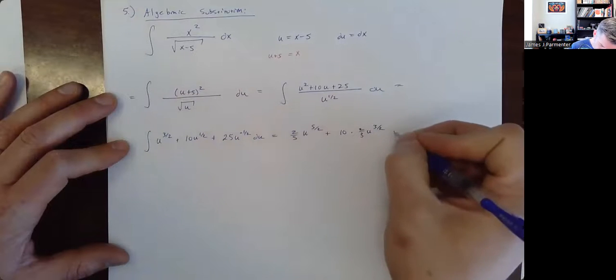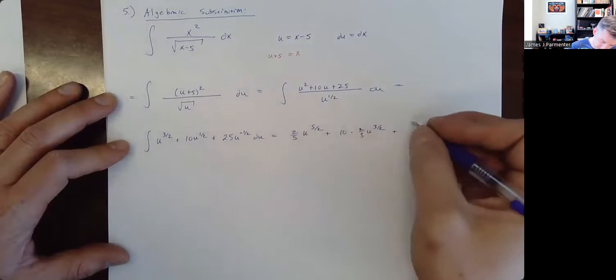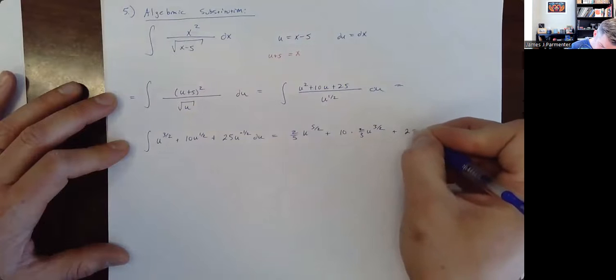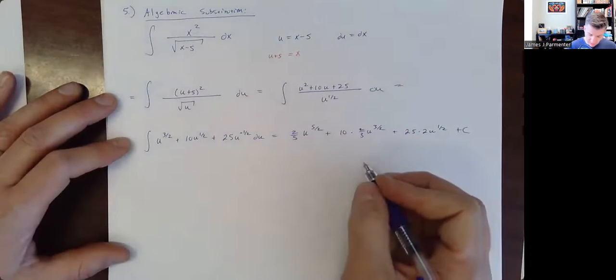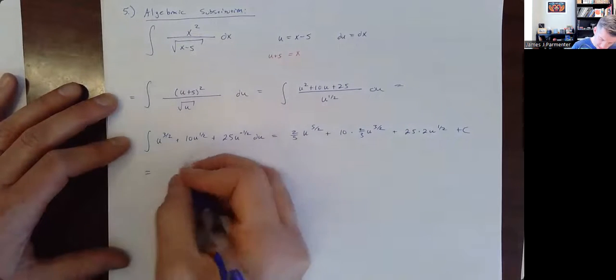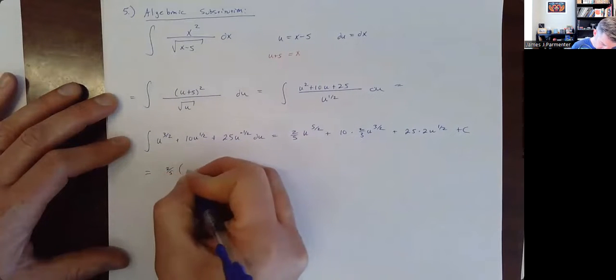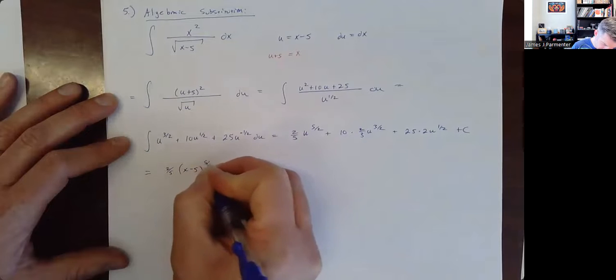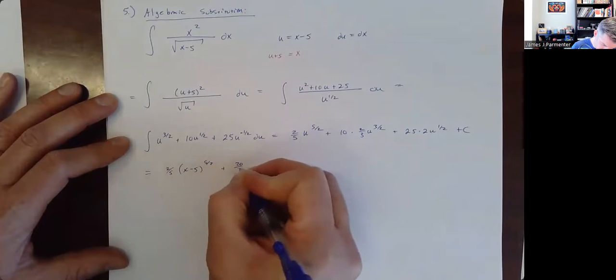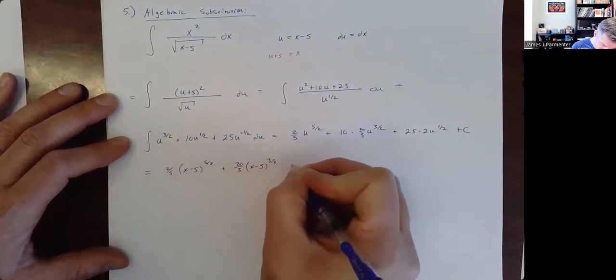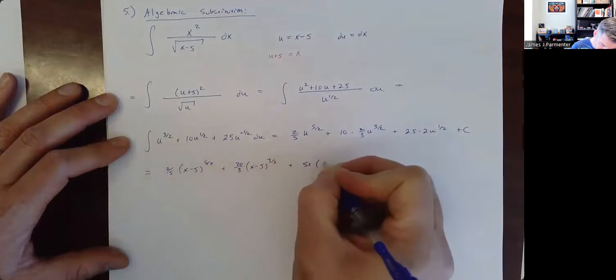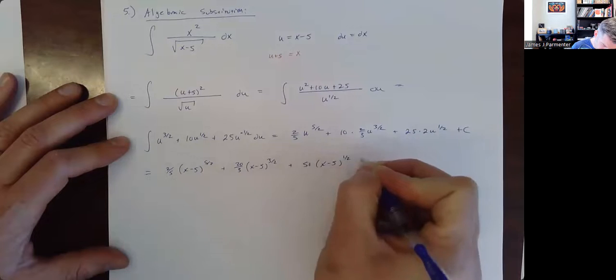And then you're going to get 25u to the 1/2 times 2. And then plug back in what u is equal to. So we're going to get 2/5 times x minus 5 to the 5/2 plus 20/3 times x minus 5 to the 3/2 plus 50 times x minus 5 to the 1/2 plus c.